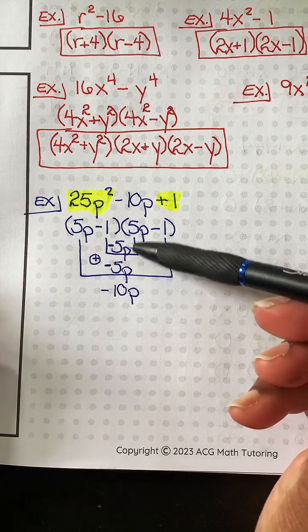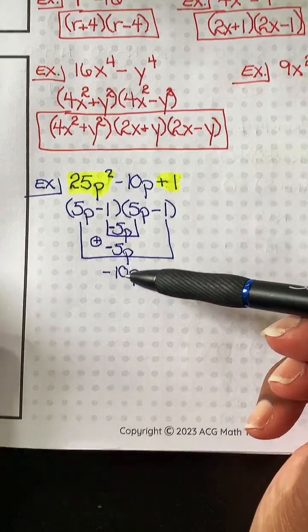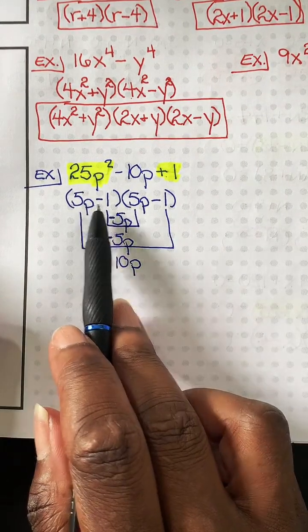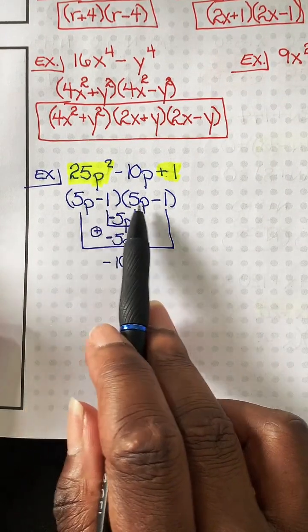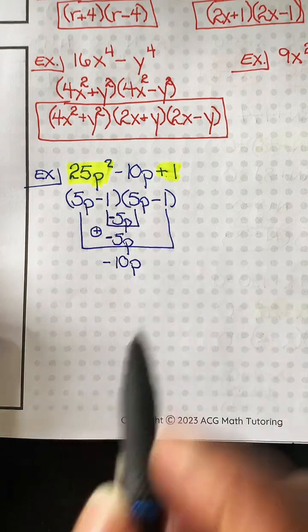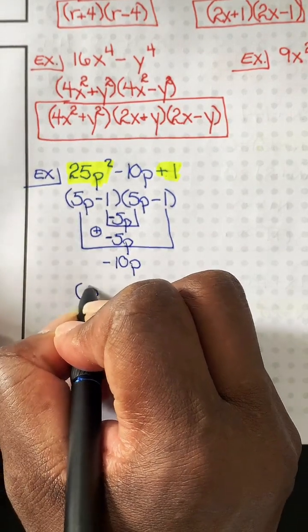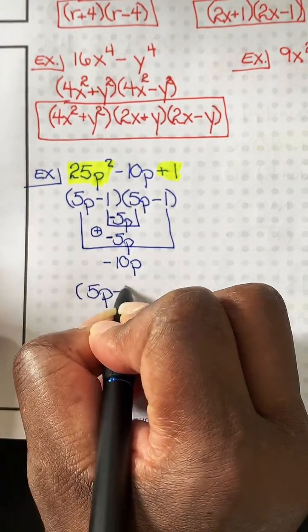So now it's matching. Take a look at my parentheses. They're exactly the same. So my final answer for this one is going to be 5p minus 1.